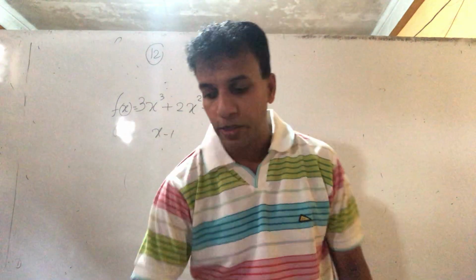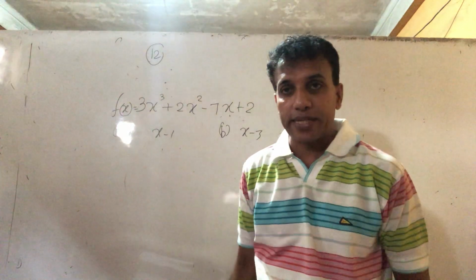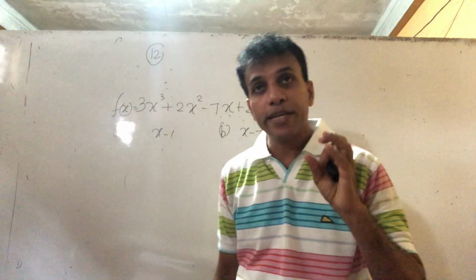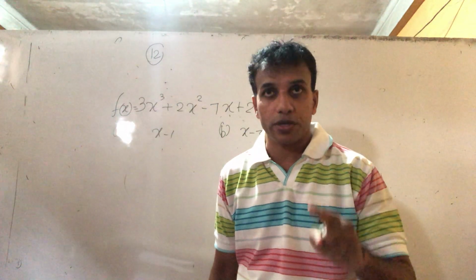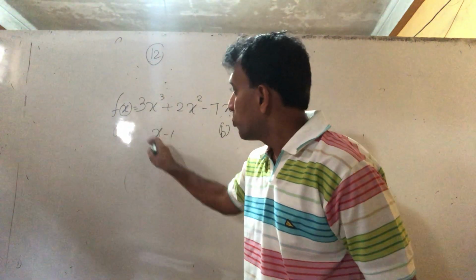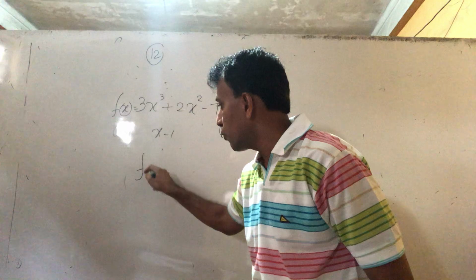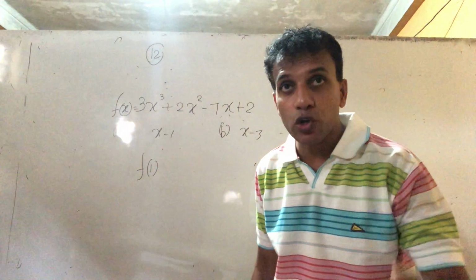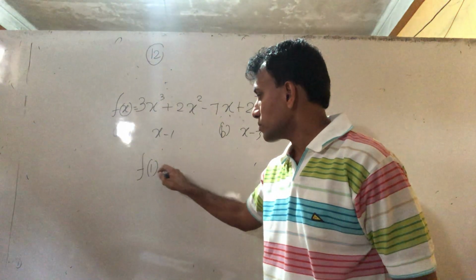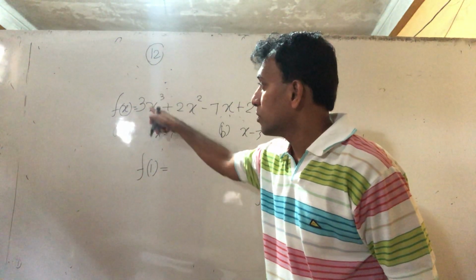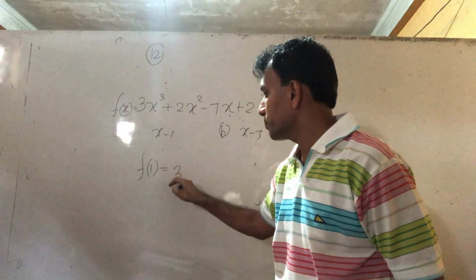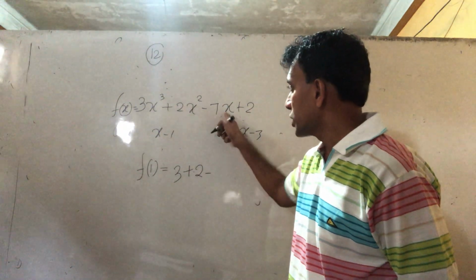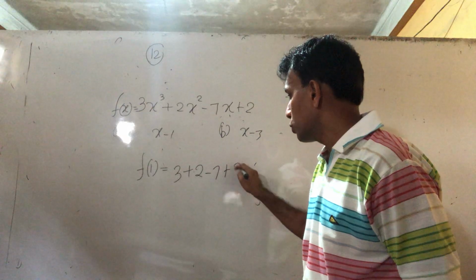A simple question. I take this as f of x. I want you to find whether x minus 1 is a factor or not. Therefore, we put x equal to 1 and see f of 1, and check whether it comes 0 or not. 1 times 3 is 3, minus 2, minus 7 plus 2.